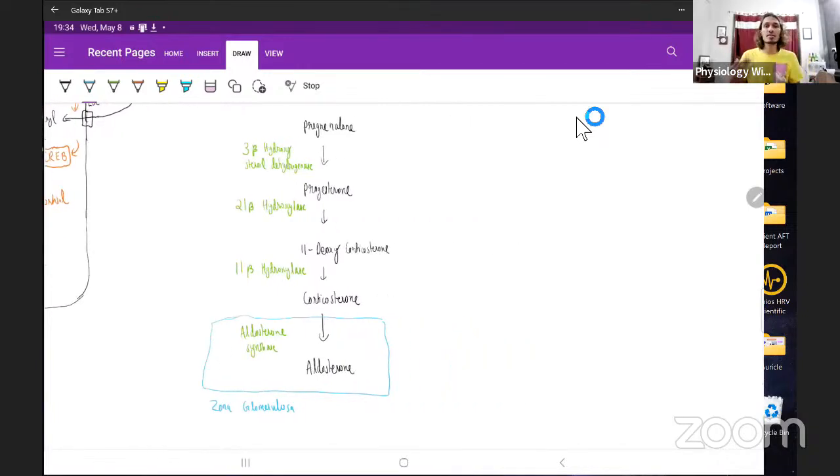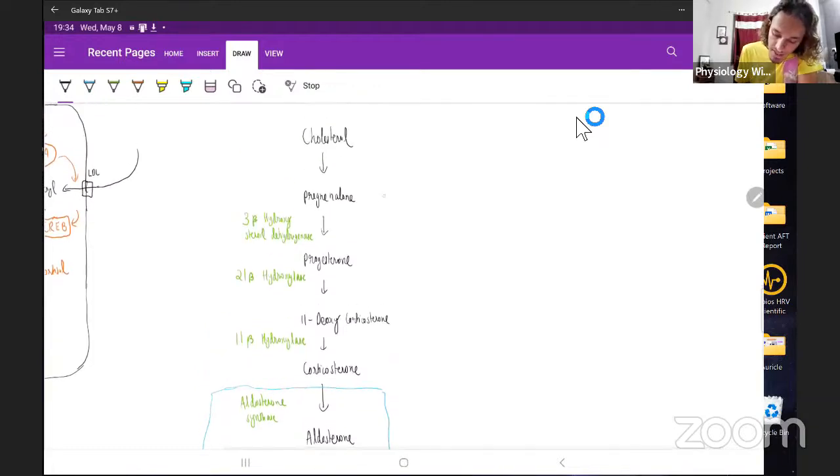So over there, what is different is, anything that is going down is all beta: 3 beta, 21 beta, 11 beta. But now we are going to take it sideways. So that is done by 17 alpha. Alpha is going to come. Okay. So progesterone and pregnenolone can be converted to this side.